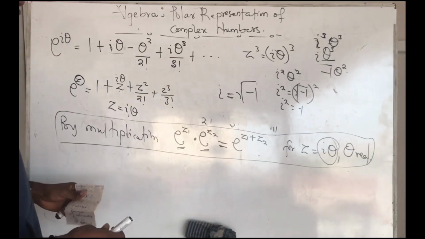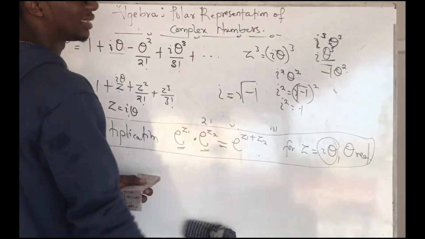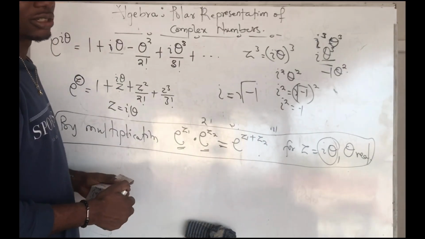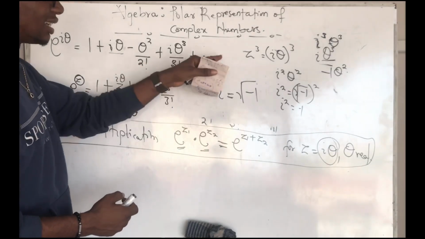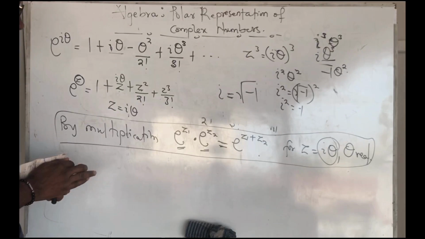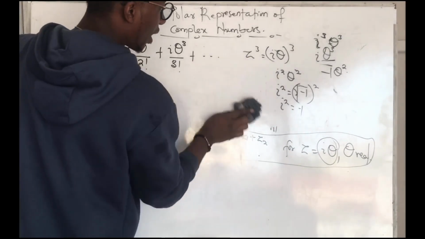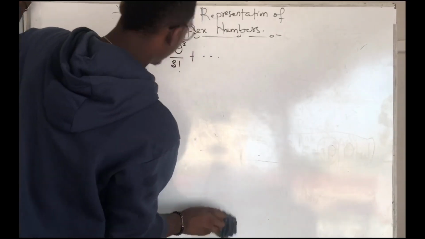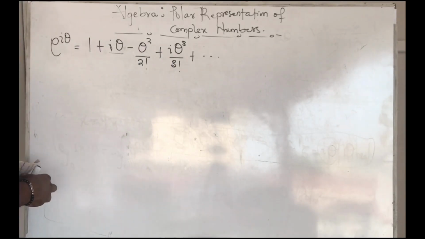You realize that when the power is even, we lose the i, and the sign of the addition will be changing as it continues. So in summary, when you continue, you can have some imaginary parts and you can have some real parts.